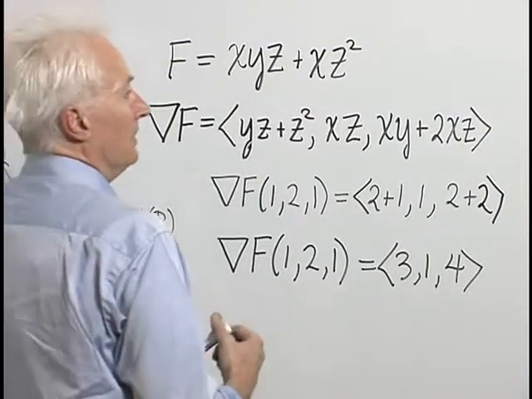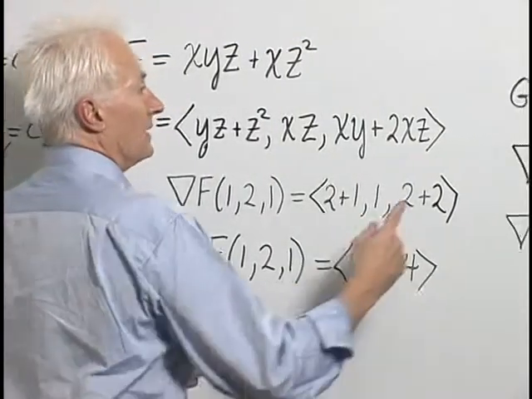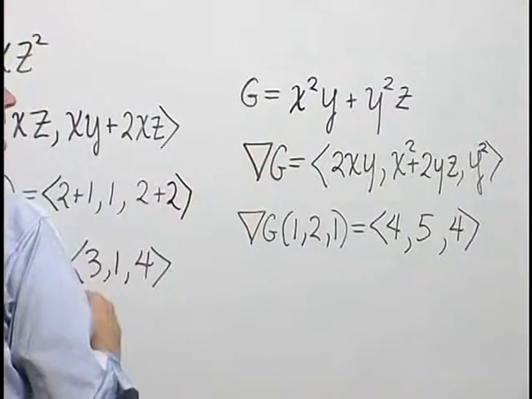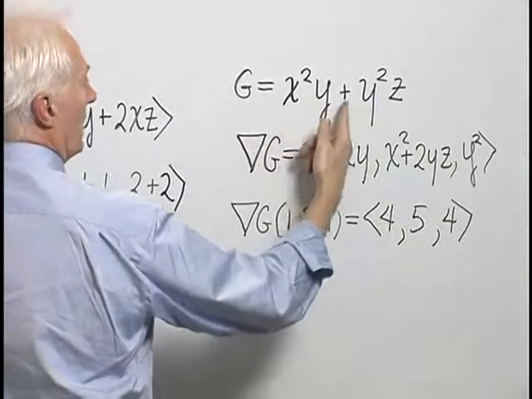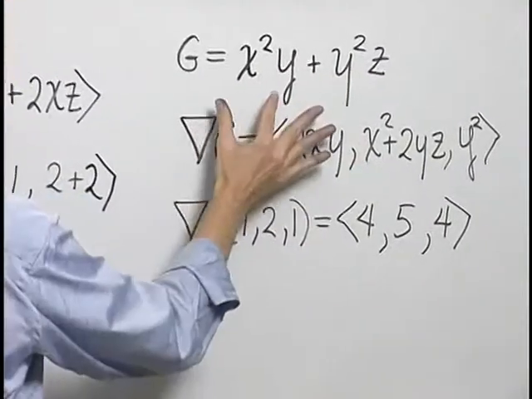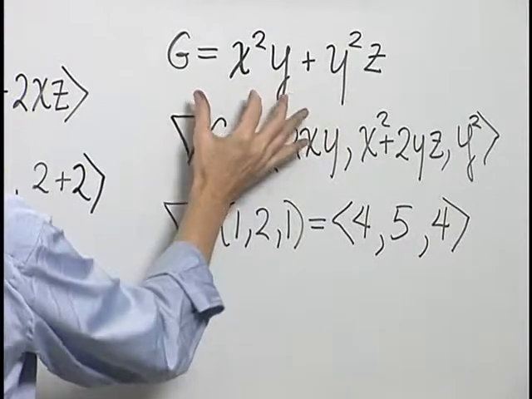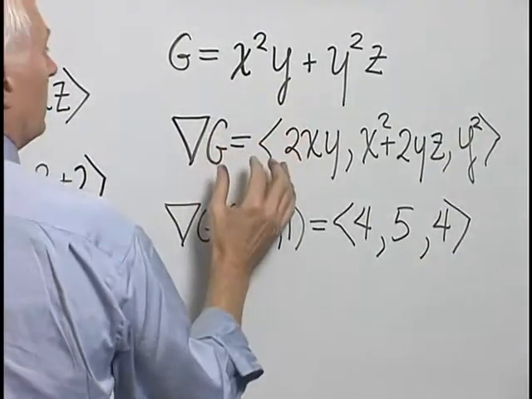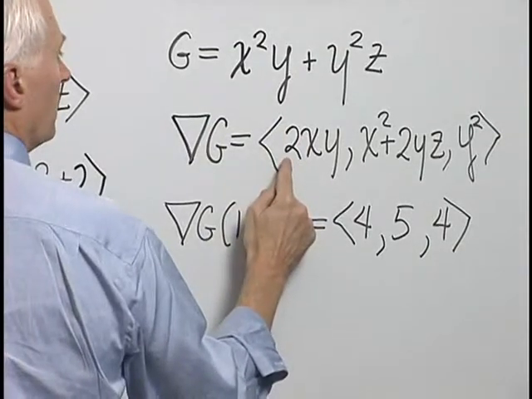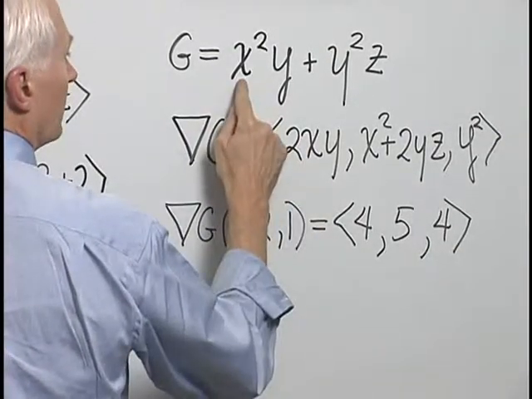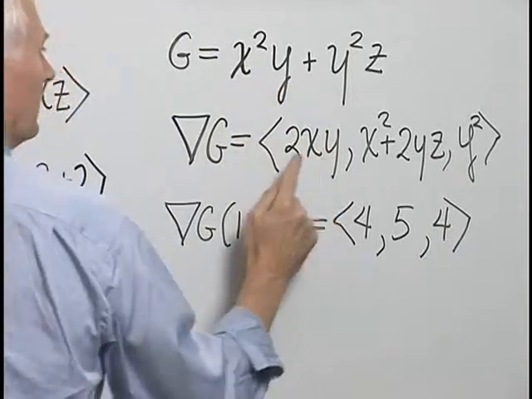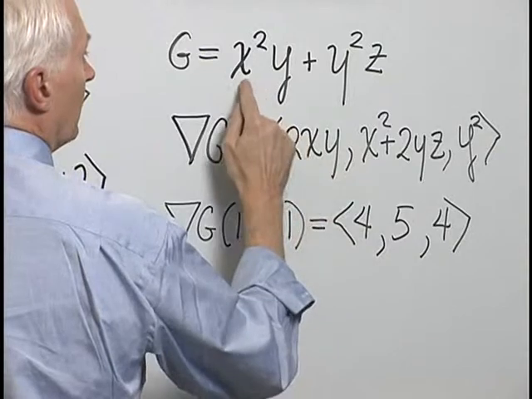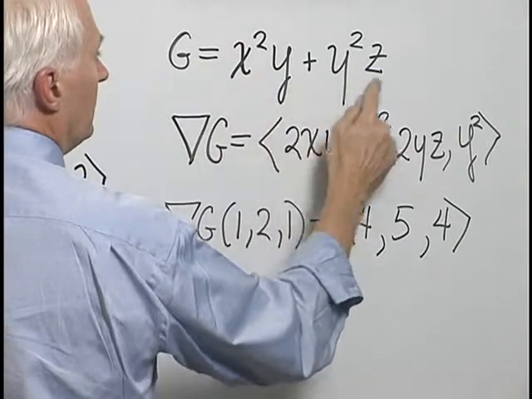Now the other function that we're dealing with is x squared y plus y squared z. I've denoted that by capital G because the second surface was x squared y plus y squared z equals 6. So we need to compute the gradient of this function at the point (1, 2, 1). Again, computing partial derivatives, the derivative with respect to x of x squared is 2x, y treated as a constant, 2xy. Differentiating with respect to y, we have x squared plus 2yz.